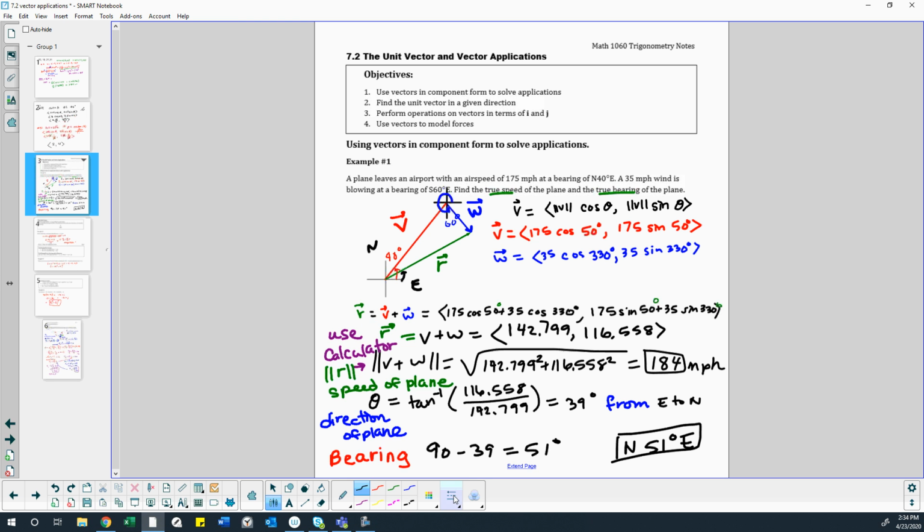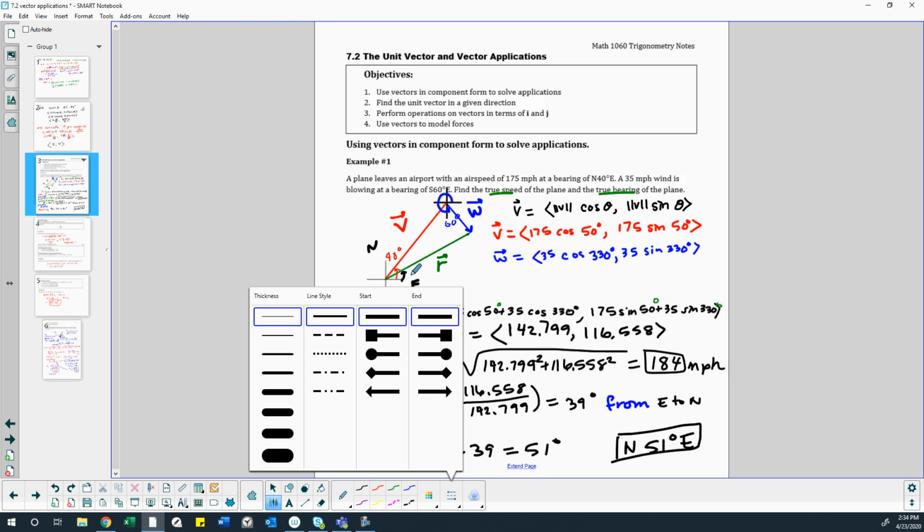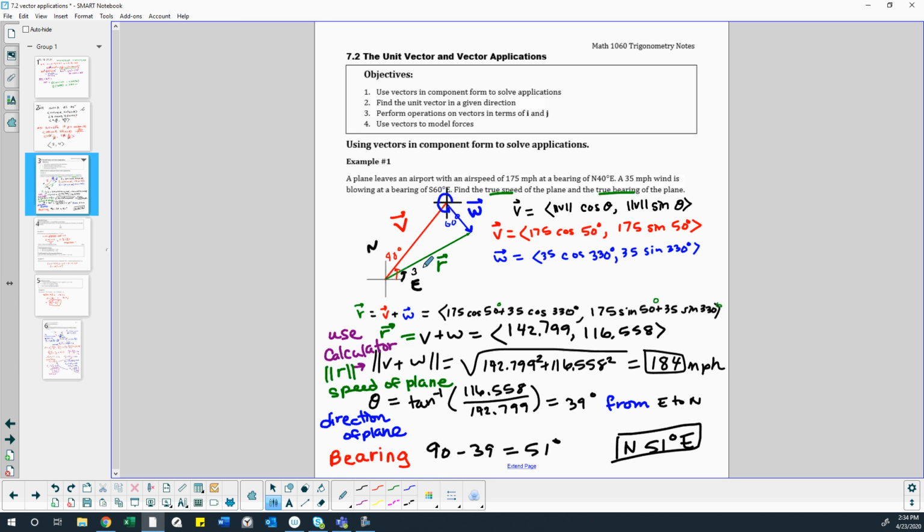The problem with that is it's great if we're talking about the unit circle or putting angles on a coordinate plane in standard form where we go counterclockwise from the x-axis. 39 would be a great angle. It's going from east to north. But if we are talking about navigation, then that is using a different system where we go from north to east instead.